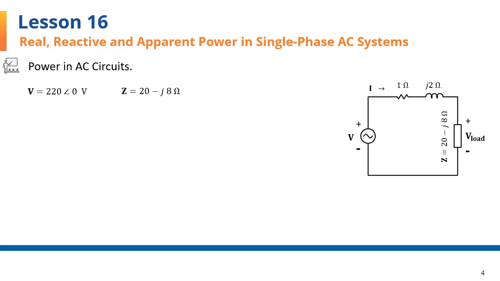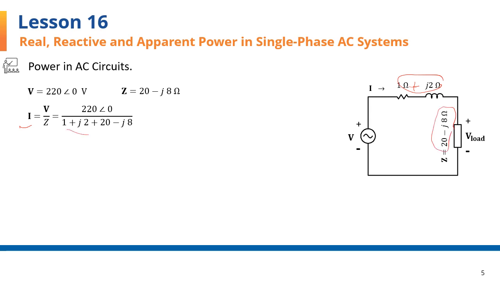Here is a circuit with the capacitive load 20 minus J8. I'll find the current in the circuit first. Source voltage divided by the total impedance gives me the phasor for the current. Total impedance, of course, is the sum of the line impedance, which is 1 plus J2, and the load impedance, which is 20 minus J8.